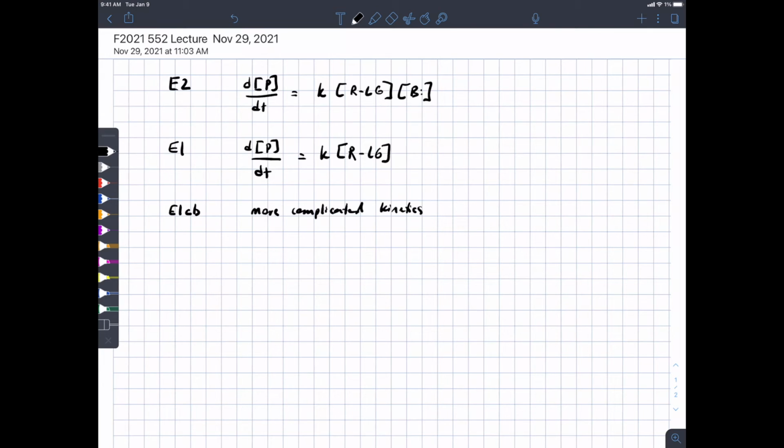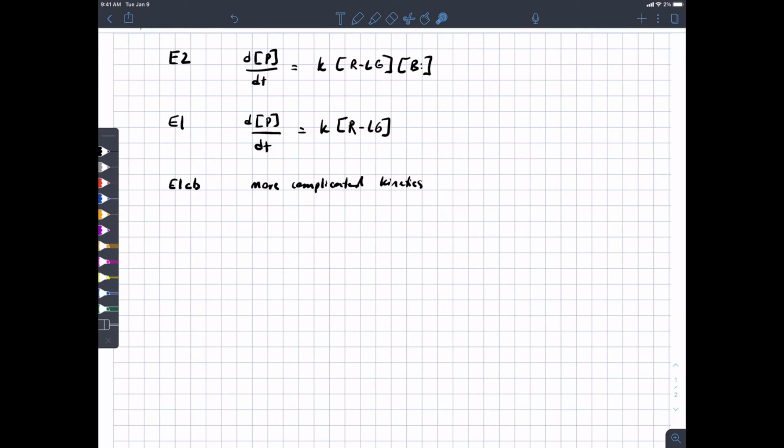But the rate determining step in many cases for E1CB involves only one thing. And so the rate law, depending on how you write it, will only involve either the alkyl halide or the base, depending on which step is the rate determining step.